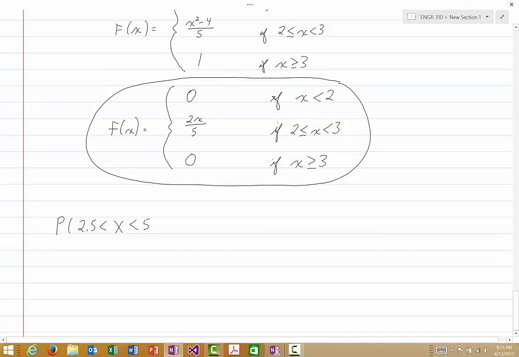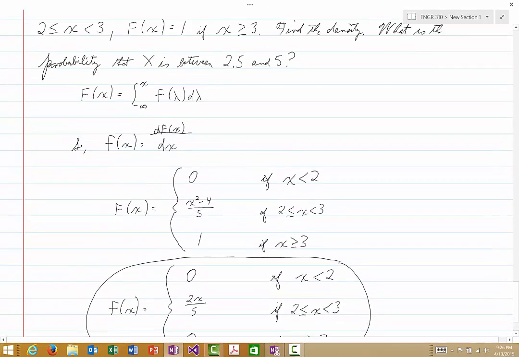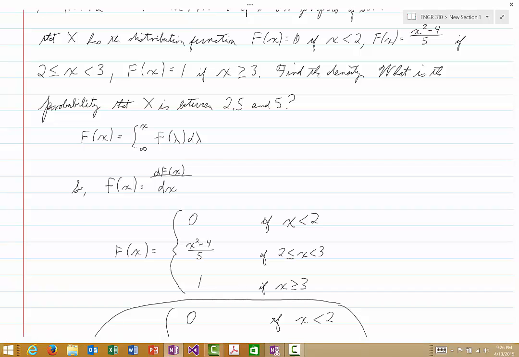as we noted before, since x is a continuous random variable, it really is not critical here whether the statement between 2.5 and 5 includes the endpoints or not. Do we want to include the possibility of x being equal to 2.5 and 5, or exclude that, or include one and not the other? It doesn't matter because this is a continuous random variable, and the probability that x is identically equal to either one of those values is 0.